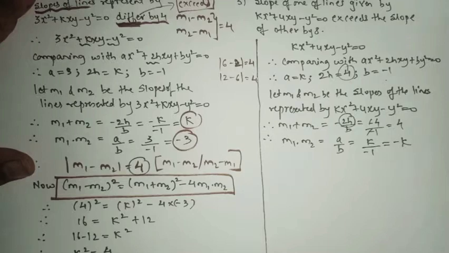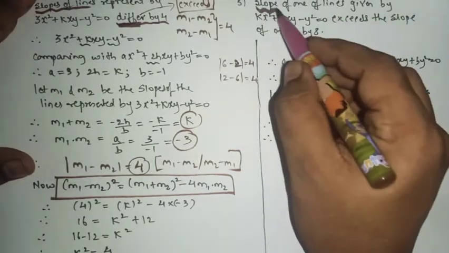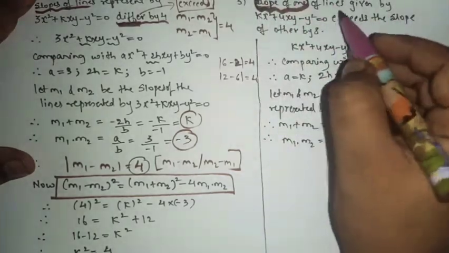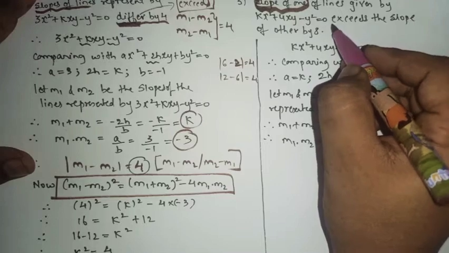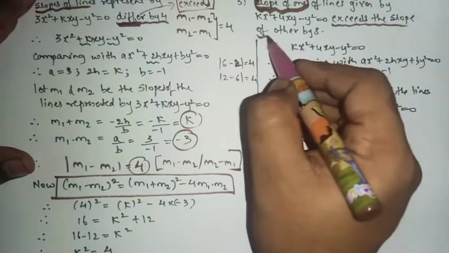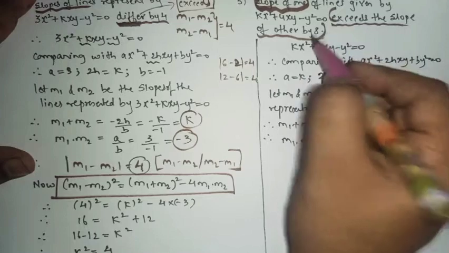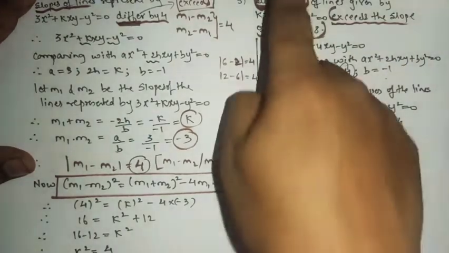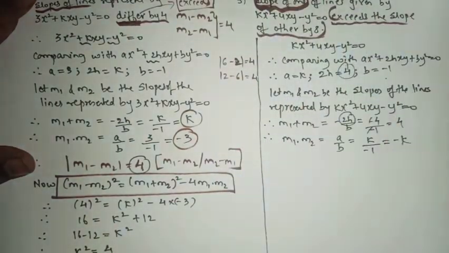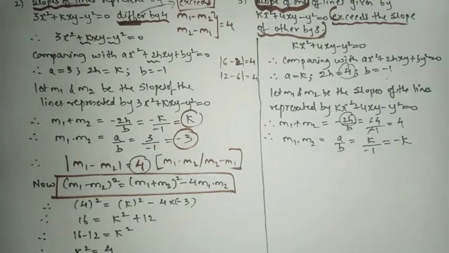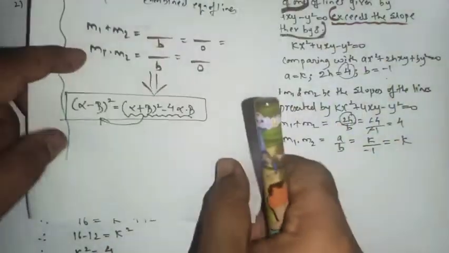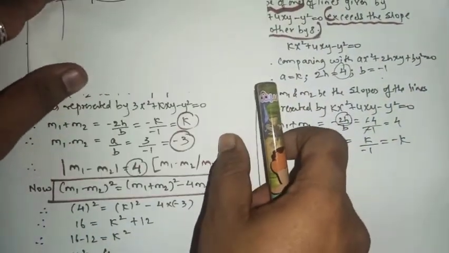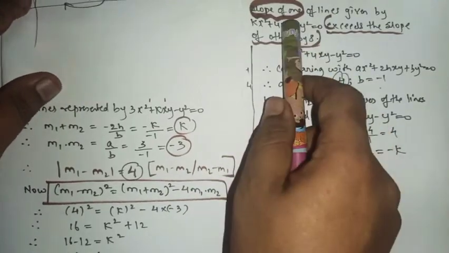Now we'll focus on the condition. The slope of one of the lines exceeds the slope of the other by 8. So one slope exceeds the other by 8, and here also we'll get two conditions.